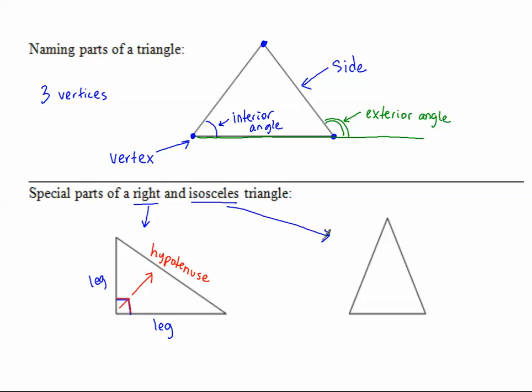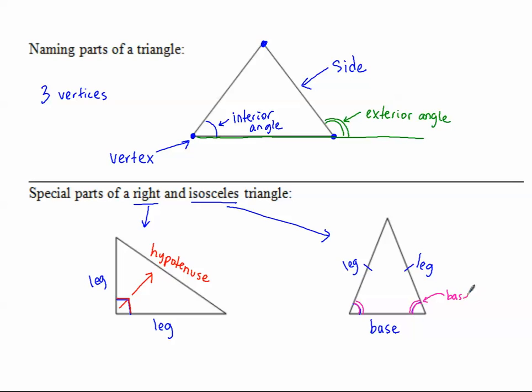For an isosceles triangle, the two congruent sides are called the legs. The side that's not congruent is called the base, often because you see the isosceles triangle standing on its base like a bottom. The two interior angles are called the base angles.